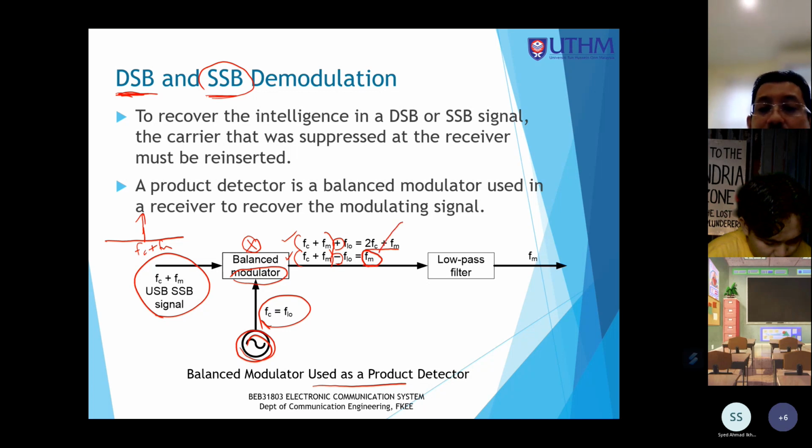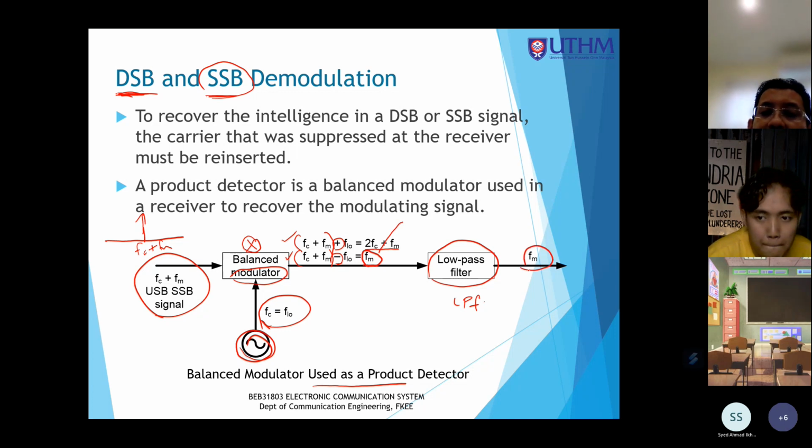So that means we want to remove this one using the low pass filter LPF di sini. So this LPF will only allow low frequency signal to pass through, and remove the high frequency signal. So that's why kita akan dapat output VMT pada output.